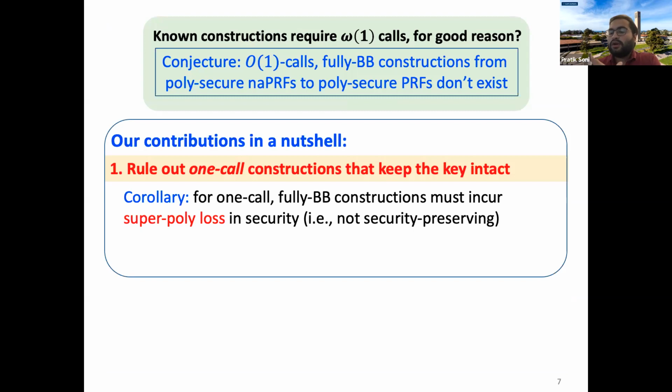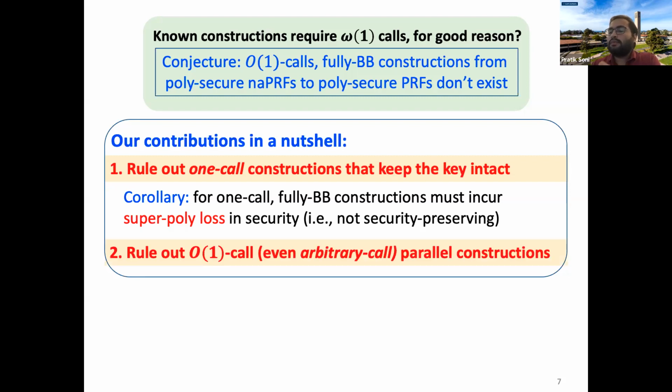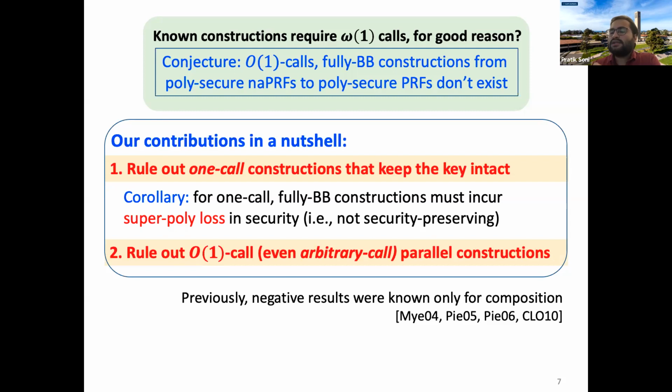A direct corollary of our result is that for one call, fully black box constructions must incur a super polynomial loss in security like the Berman-Haitner construction. We also lift our lower bound to arbitrary-call constructions that make all their queries to the non-adaptive PRF in parallel. I would like to mention that previously such negative results were only known for the specific case of the composition construction, but here our focus is to rule out general constructions.